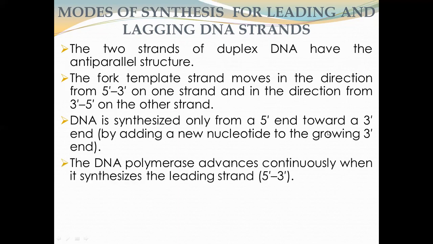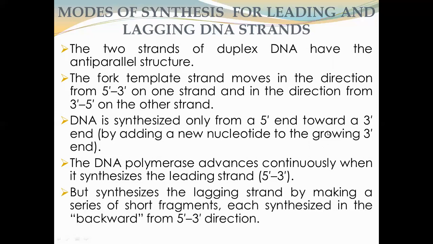The DNA polymerase advances continuously when it synthesizes the leading strand. So in the case of the leading strand, DNA synthesis is continuous from the 5 prime to the 3 prime end, and the leading strand moves in the same direction as the movement of the replication fork.